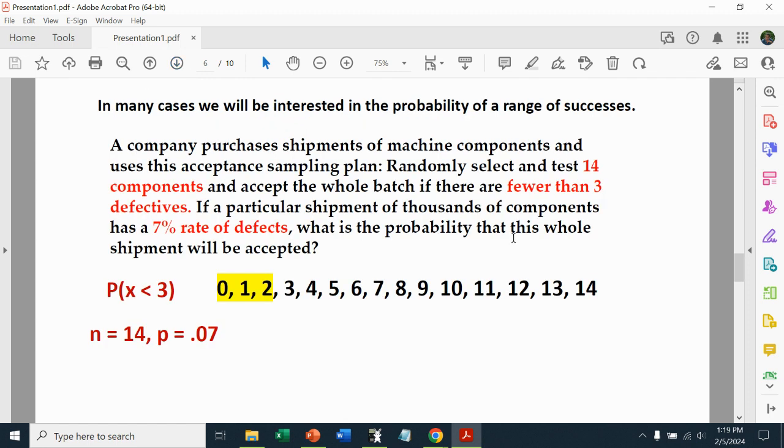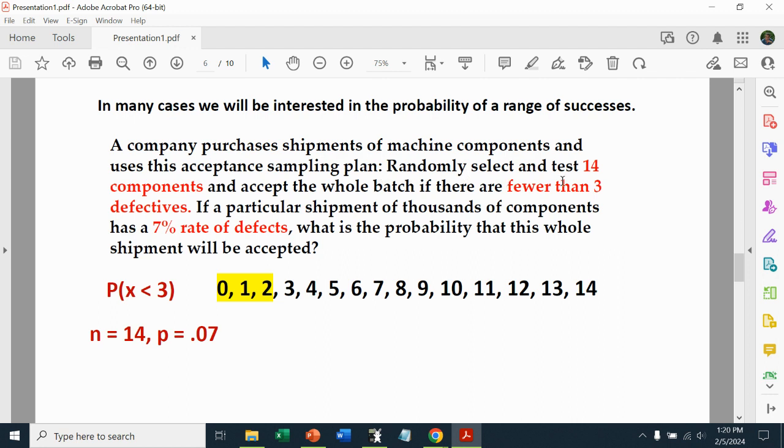So we did PDF. Only time you use binomial PDF is when you're asked to find exactly 1 or exactly 2 or 4, whatever exactly. But in many cases, we'll be interested in the probability of a range of successes. For instance, a company purchases shipments of machine components and uses this acceptance sampling plan.